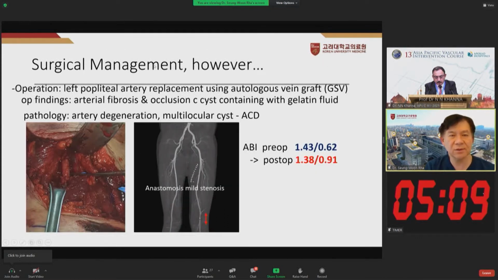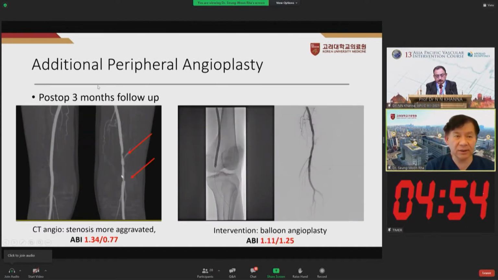So this patient underwent surgery. I sent him to the vascular surgeon, and the post-op ABI was increased. However, 3 months later, at follow-up with both the surgical and intervention departments, the patient felt claudication again.